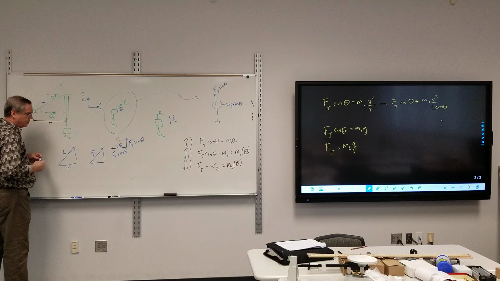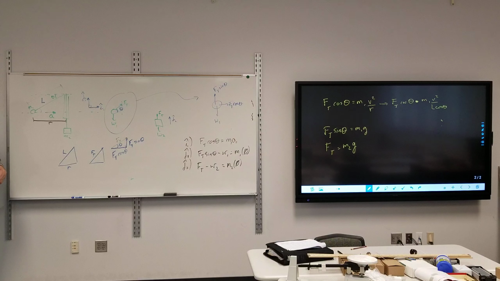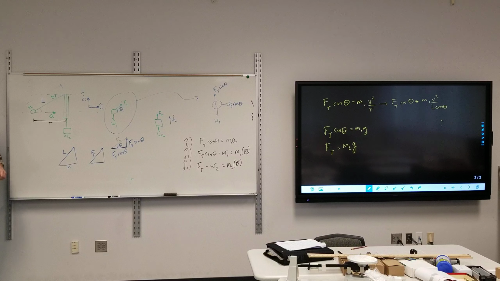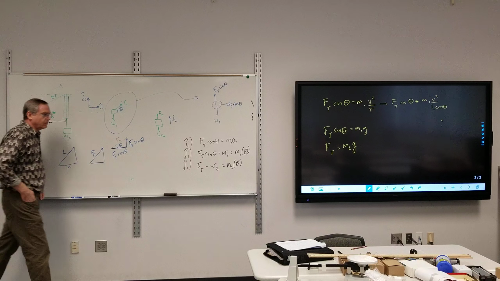So because FT is to L as this is to R, they're proportional. They're not equal, they are proportional. Okay, thank you, that's right.